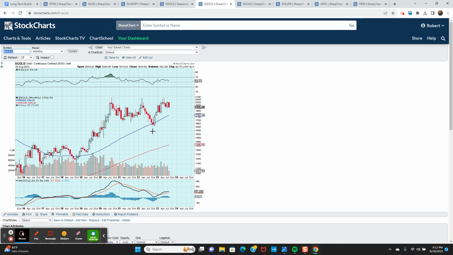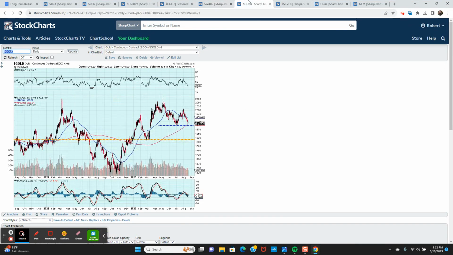It's not an exact number, but it got down to around this 1650 level, near that 50-month moving average, and it put in a triple bottom last year, and it rallied over $400 an ounce from that October, November low. Okay, so those are the big levels I'd be looking at downside, 1900 and then down around 1810 to 1820.